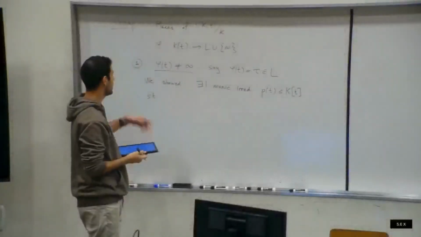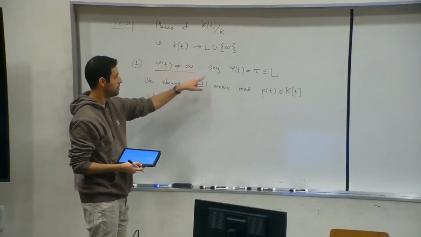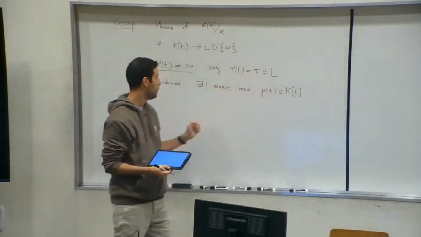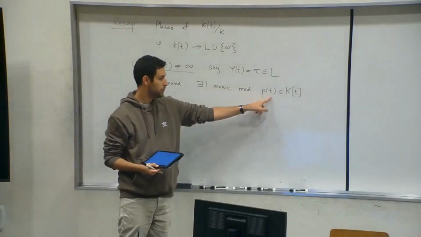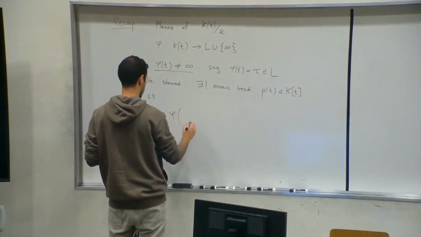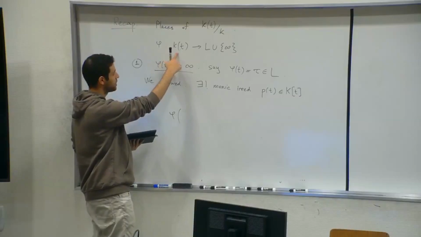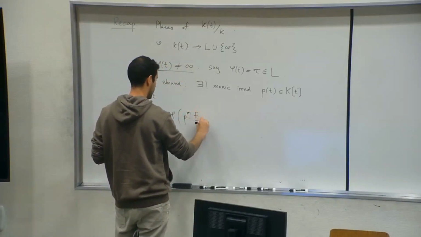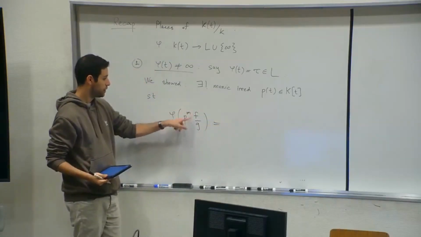And last time we showed that in this case, if phi of t is not infinity, say it is some value tau in L, then there exists a unique monic irreducible polynomial p of t such that we can describe the place. If you give me a function in k(t), it is a quotient of two polynomials.